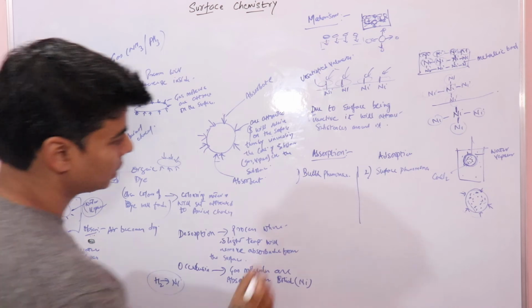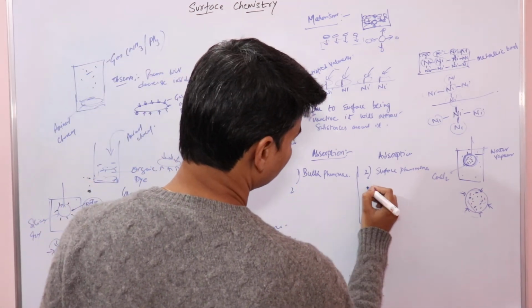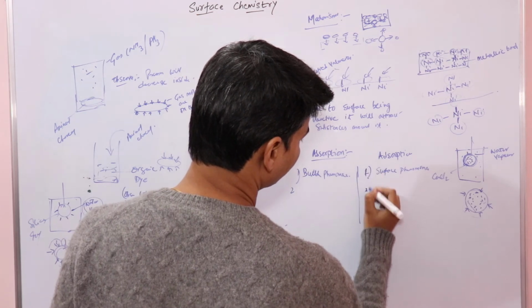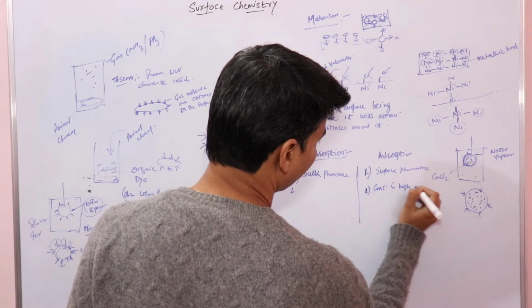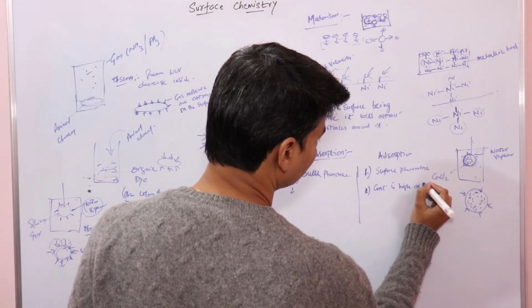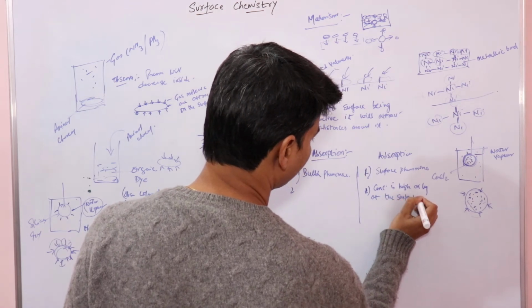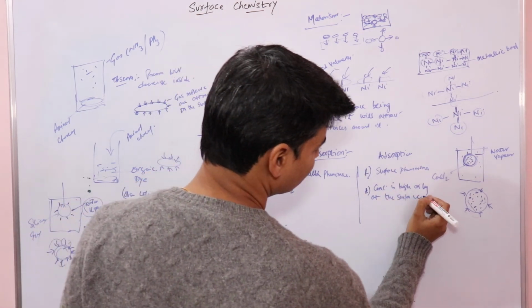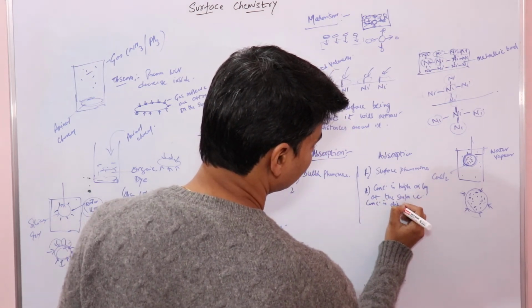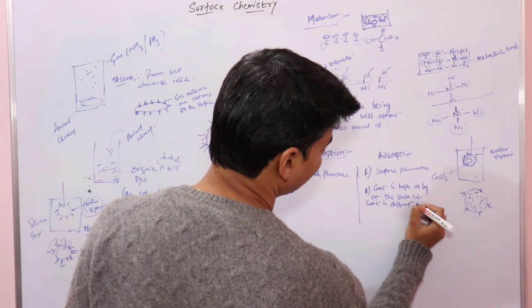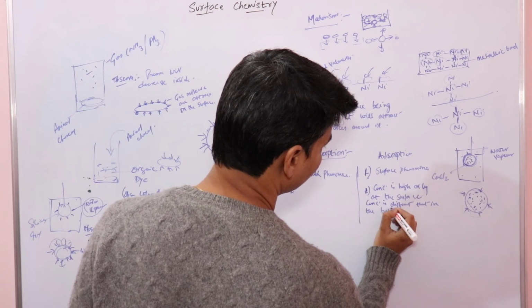So we say that in case of adsorption, concentration is high only at the surface, right? So concentration is different than in the bulk, right?